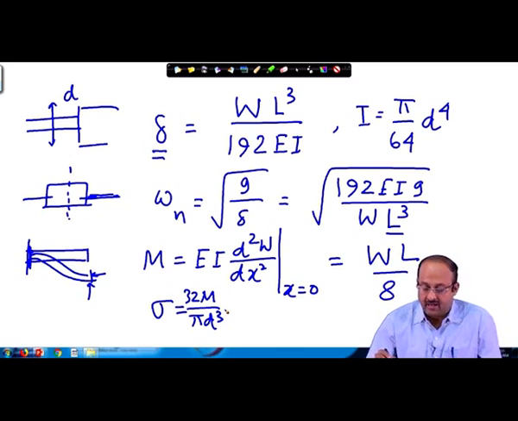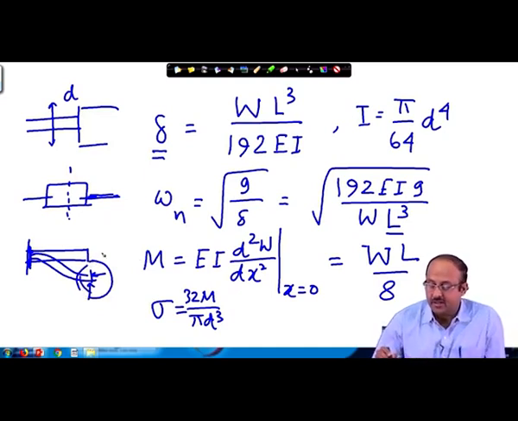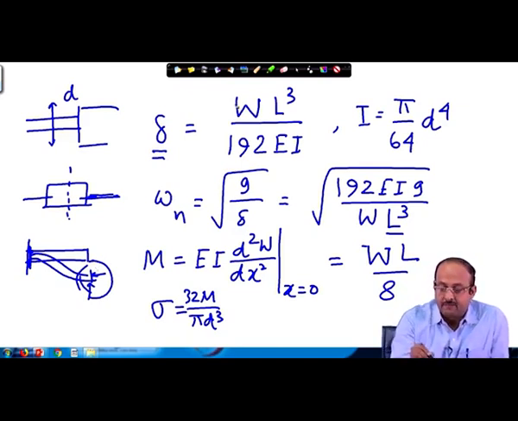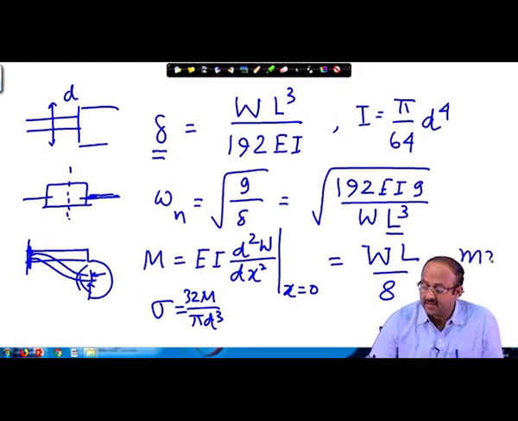So, you see now that the stress will depend upon the bending moment developed over there, and this bending moment is also dependent upon this W. This is for the static load, but when it is moving dynamically, then this W is replaced by the dynamic loading, that means m x double dot.